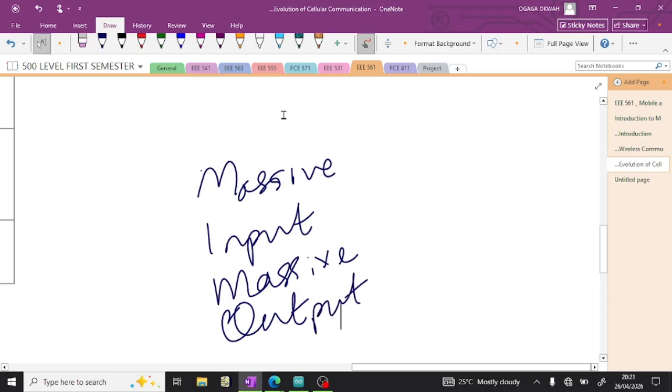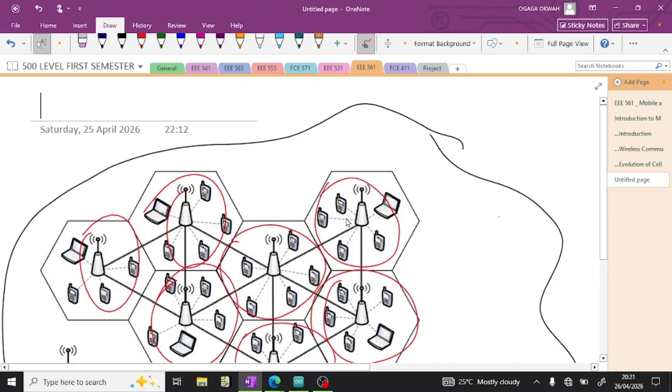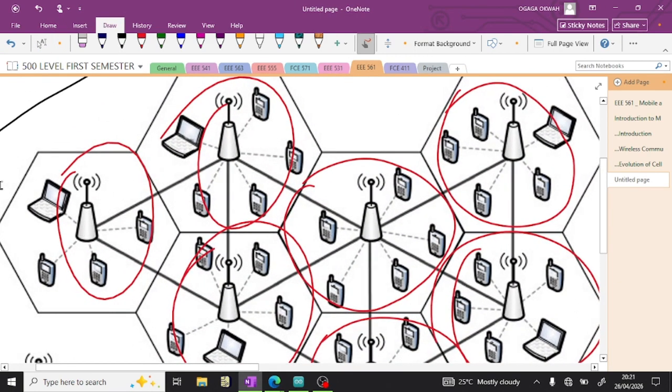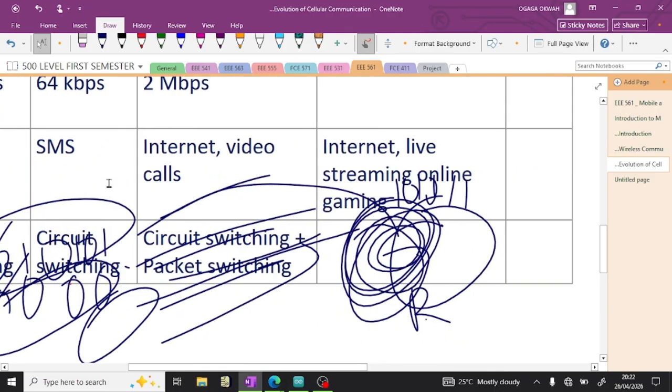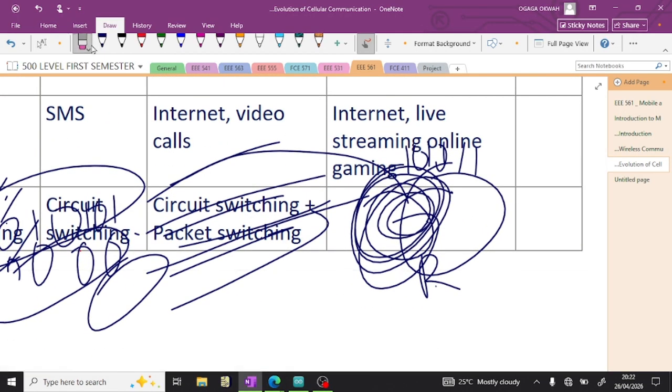So the idea is this: instead of using one or three or six antennas in a base station, we use multiple antennas, a lot of antennas, to send out a lot of outputs, and then at the receiving end, multiple antennas to receive it. So that's massive inputs and massive outputs. That's what's going on here.